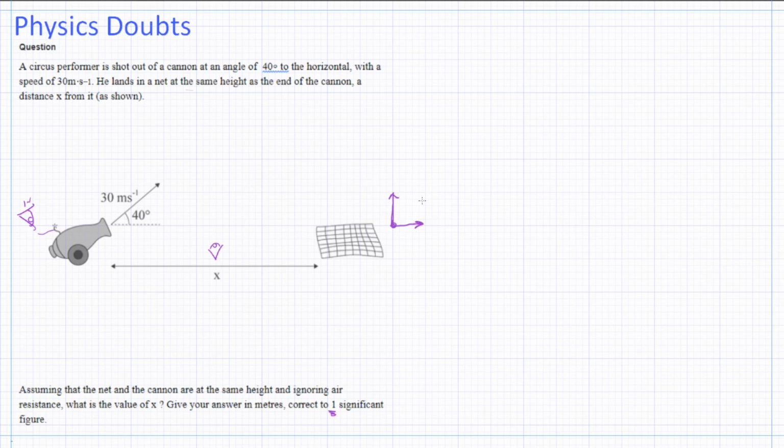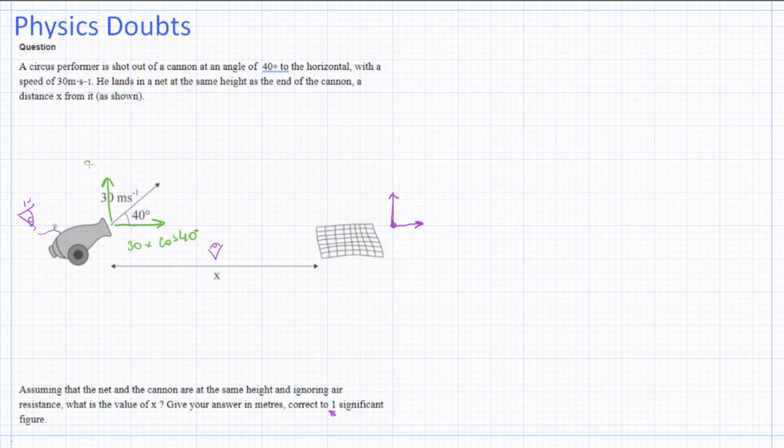So first thing that we have to do is split this velocity, decompose it into its components. We will have a vertical component and a horizontal component. You've got the formula for those, but since this is 40 degrees with the horizontal, I know that the horizontal component will be 30 meters per second times cosine of 40 degrees.